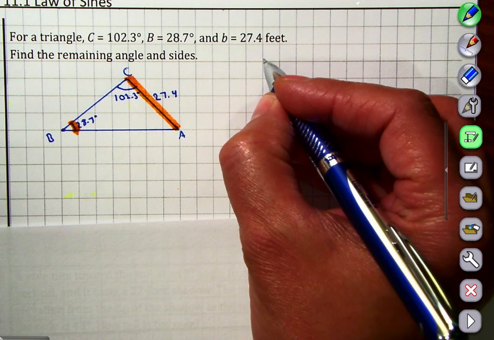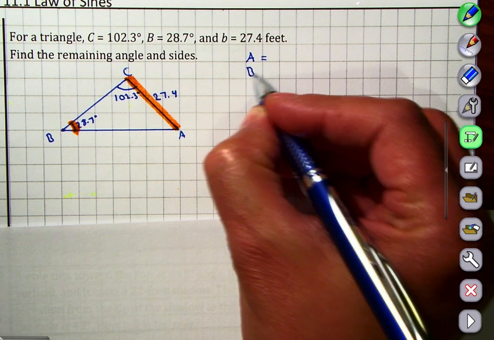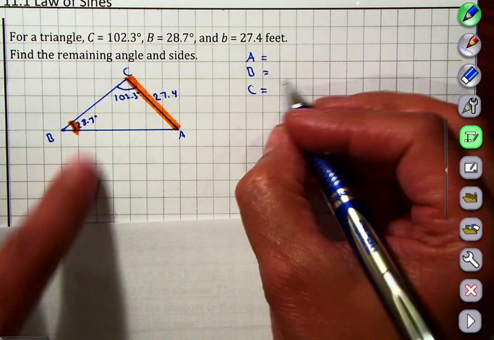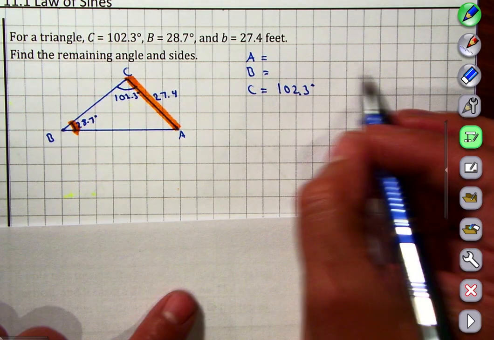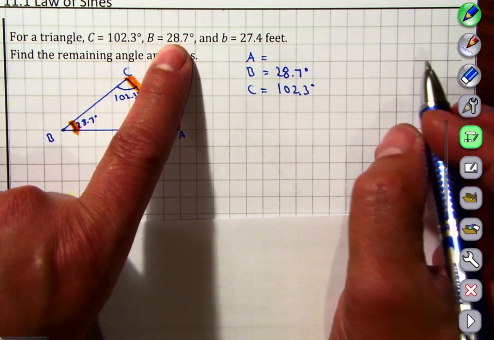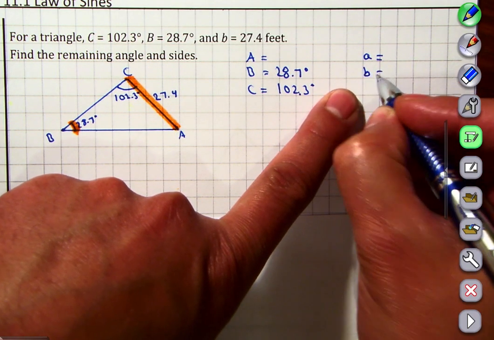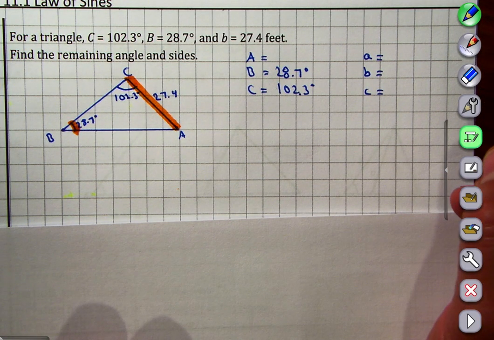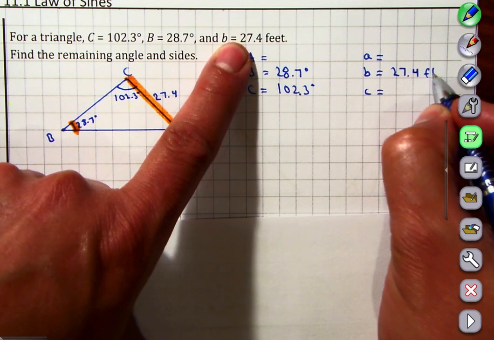So we need angle A, angle B, and angle C. In this case, we know that angle C is 102.3 degrees, angle B is 28.7 degrees. We know side a, side b, and side c. Side b is 27.4 feet.